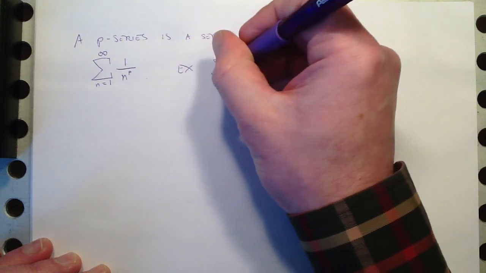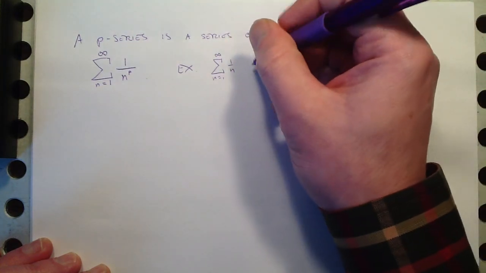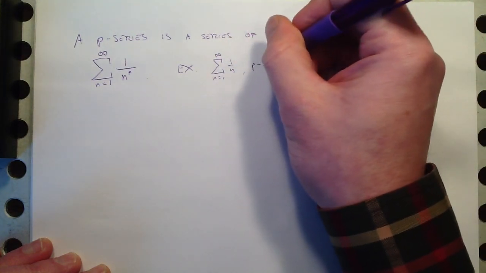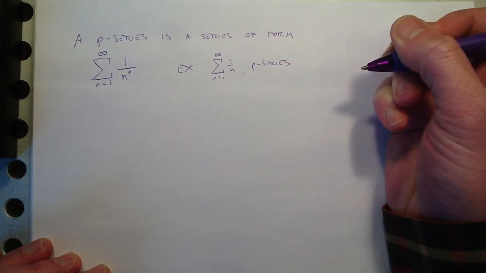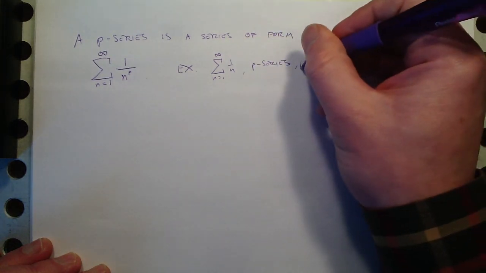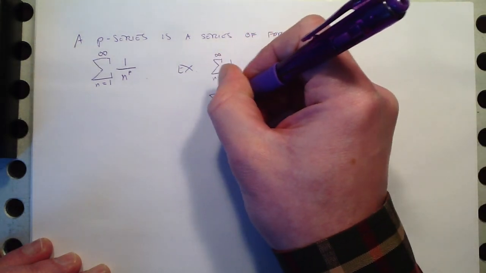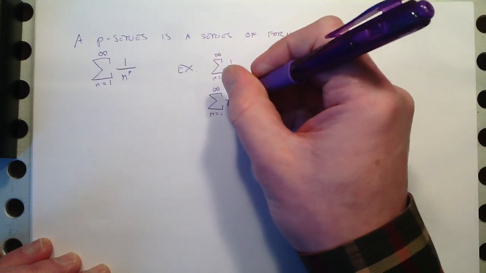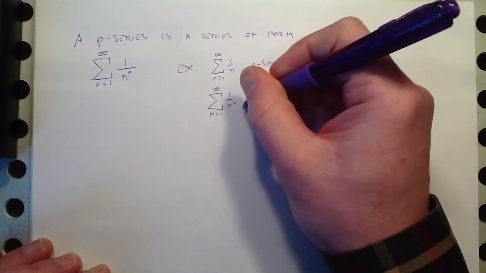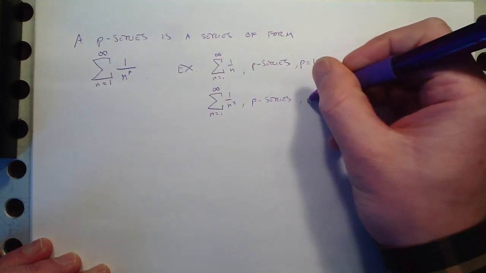So, for example, the harmonic series is a p-series where the p is equal to, what's the p equal to? Right. The p is 1. The other series we did just a minute ago, that's a p-series where p is 2.